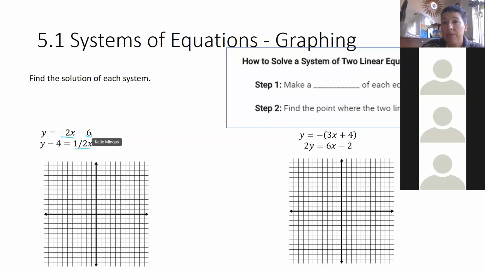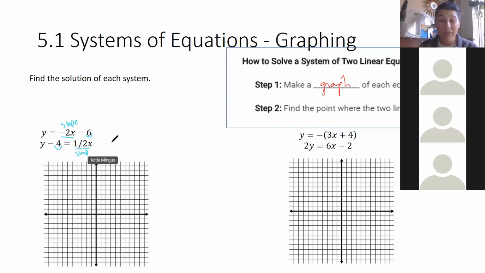So how to solve a system of 2 linear equations by graphing. Step 1, we want to make a graph of each equation, and you want to graph them on the same graph. And then step 2, find the point where the 2 lines intersect.